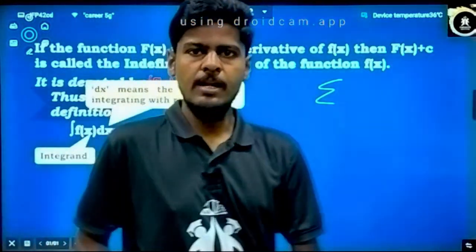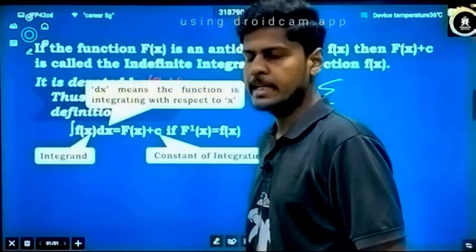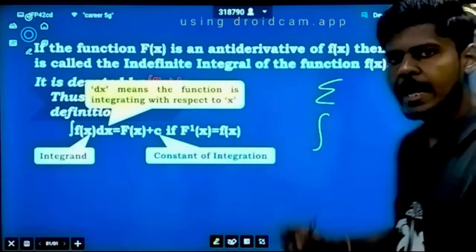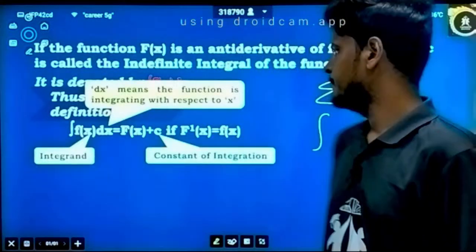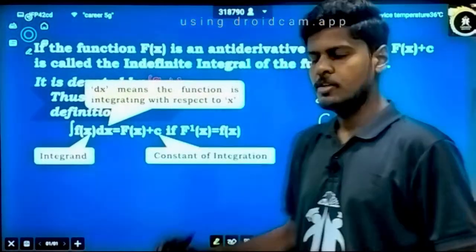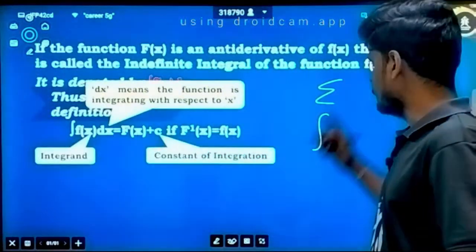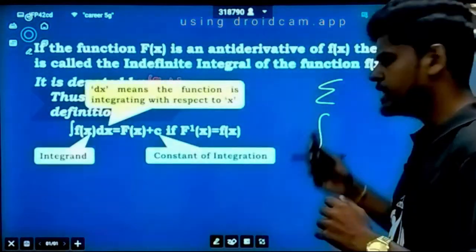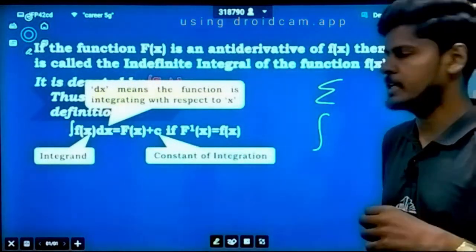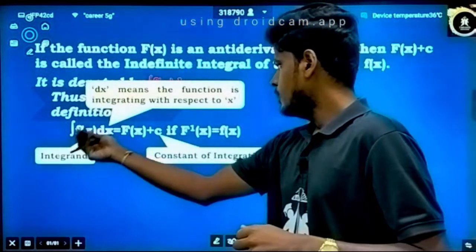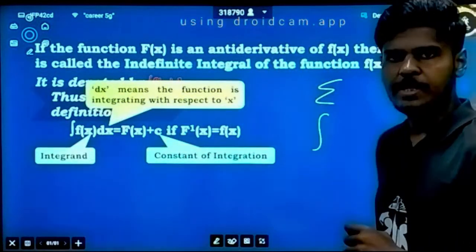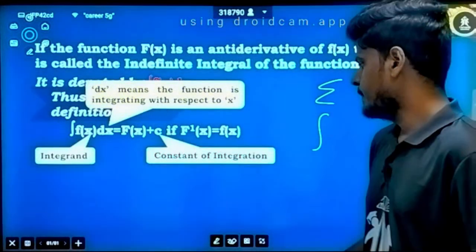We use this elongated S, integration, when we have to add a continuous set of numbers. That will give the summation. So both are actually the same. Continuously adding values means the elongated S, which is the process of integration. If you have to add values discretely, that will be the summation symbol. Okay.